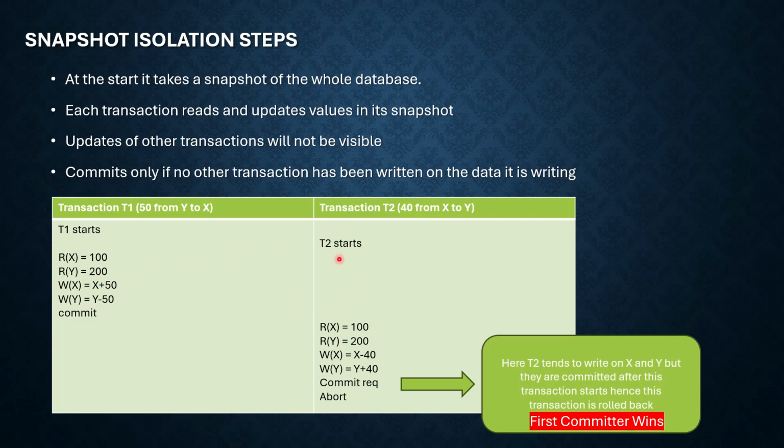Even if some other transaction has changed the values of x and y, we are still reading the previous values of x and y. Snapshot isolation does not check this. It only checks the variables in which this transaction has written something, so those variables should not be changed by any other transaction.